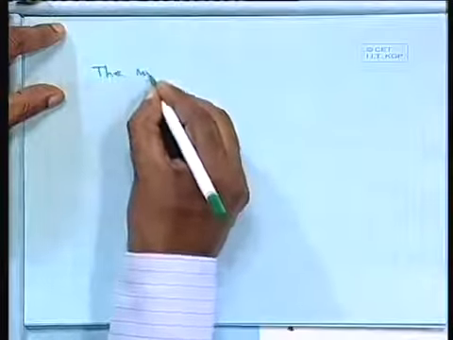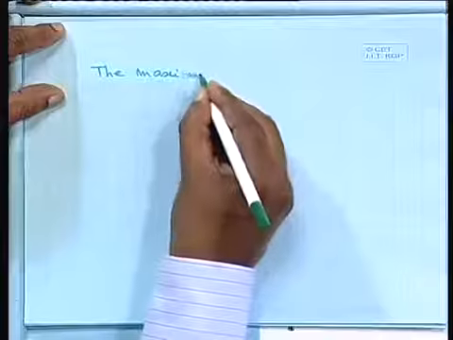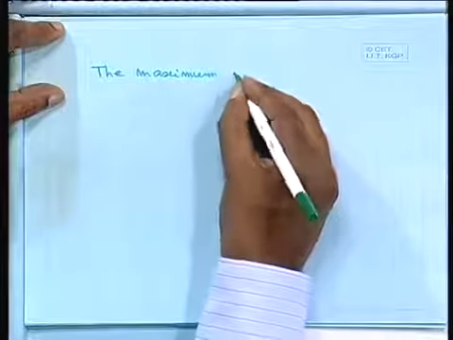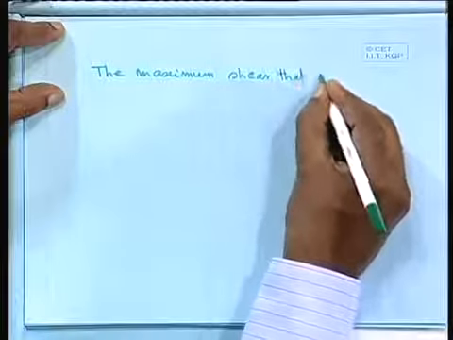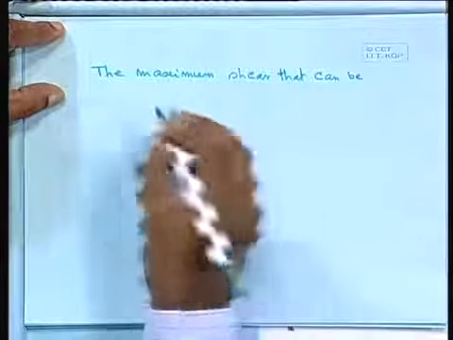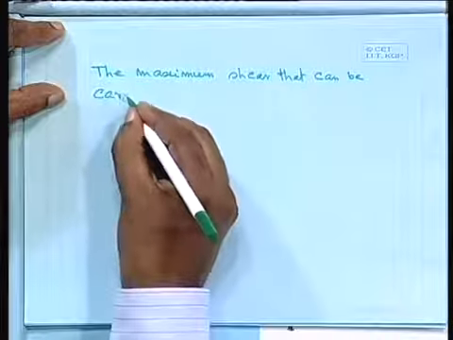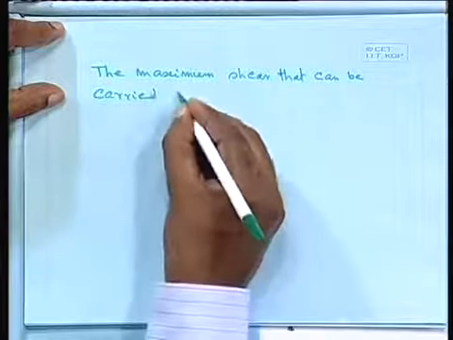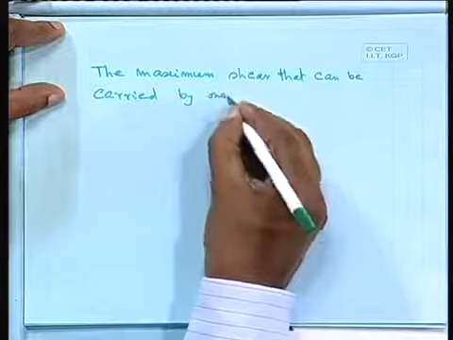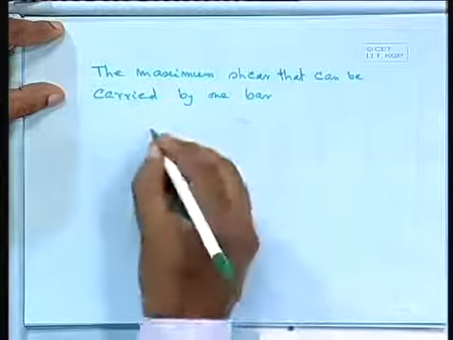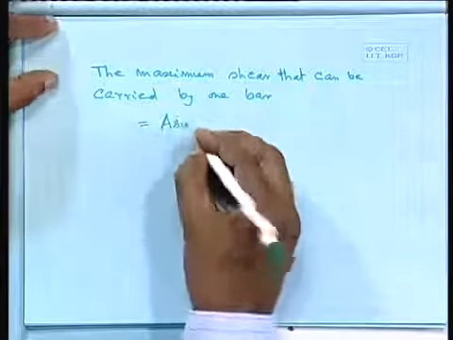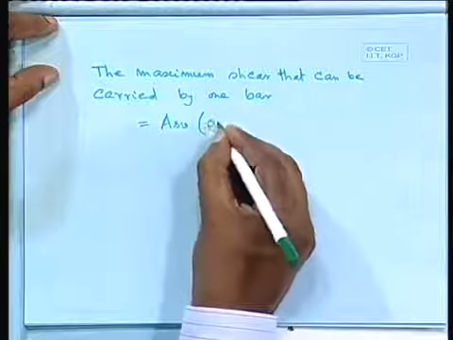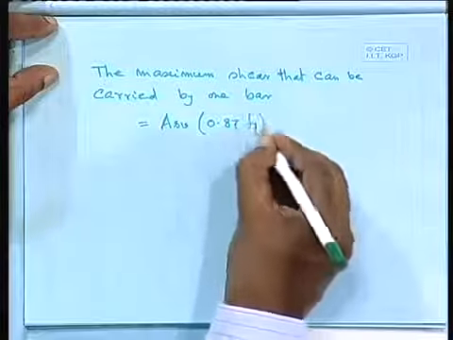The maximum shear that can be carried by one bar equal to ASV, that is the stirrup cross sectional area, times the permissible maximum stress.